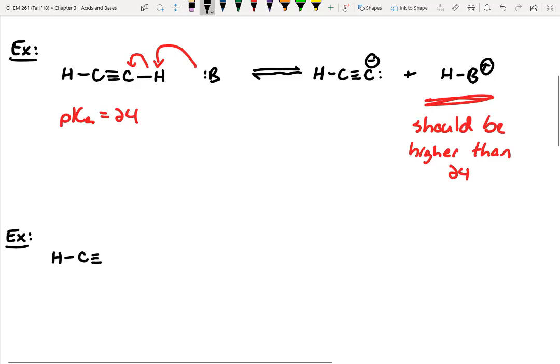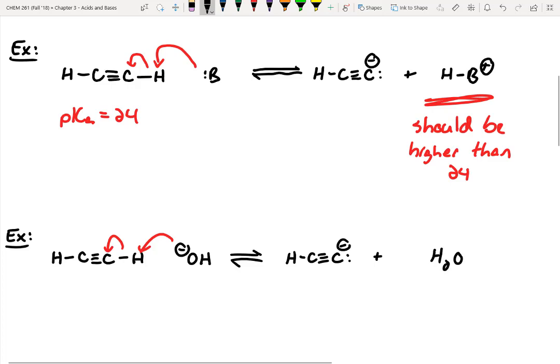That's the base you used a lot in Gen Chem. Okay, in this one, same reaction. So now we have our acetylide anion. Like I said, the pKa is 24 for this.